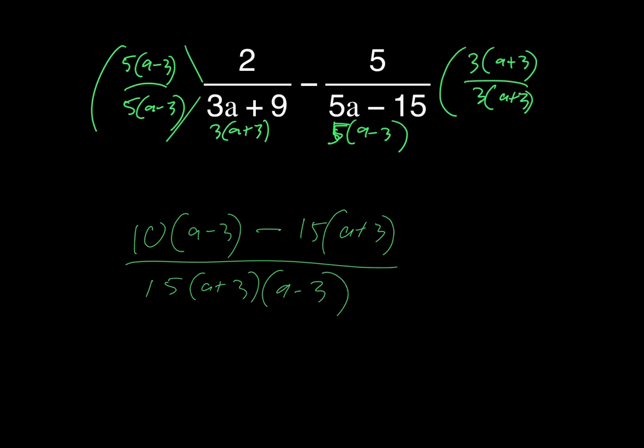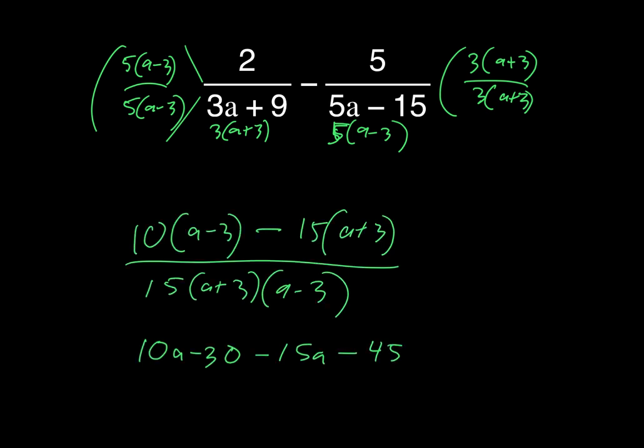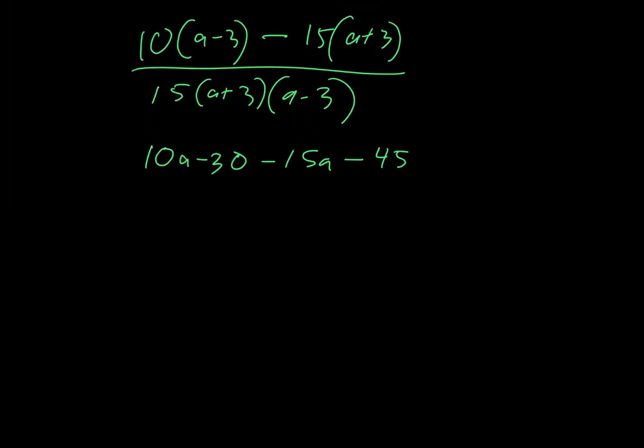Remembering to distribute that negative when I simplify. 10a minus 30 minus 15a minus 45. All over 15 times a plus 3, a minus 3.